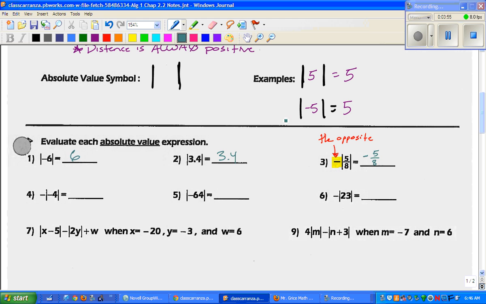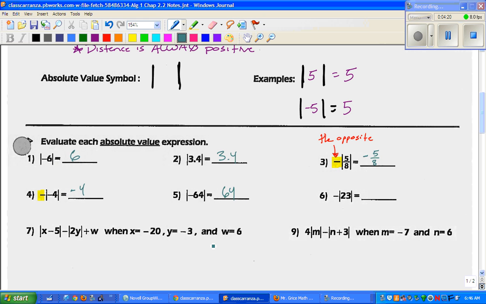All right, same thing with number 4. It's saying, what is the opposite of the absolute value of -4? Well, the absolute value of -4 is 4, but the opposite of that is negative. All right, 5 is saying the absolute value of -64.